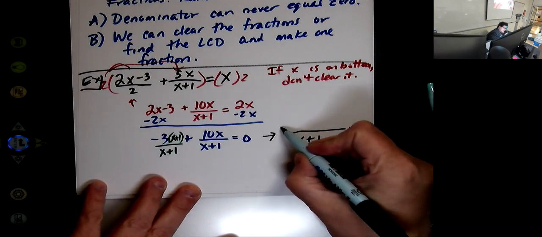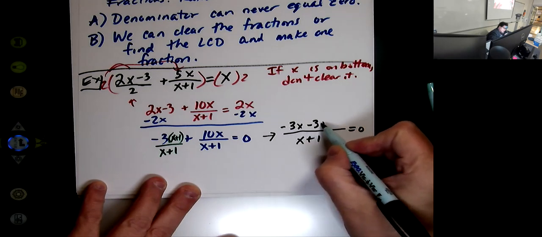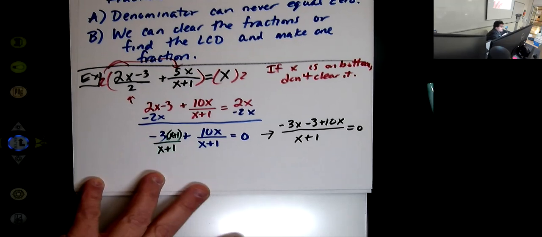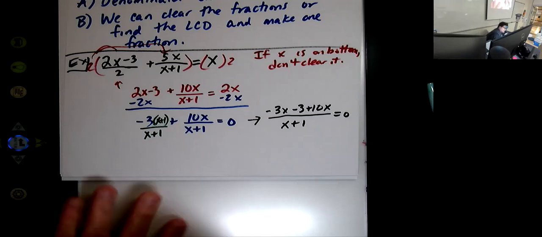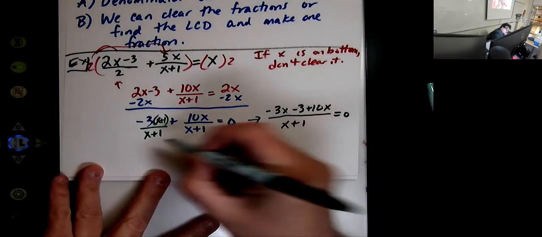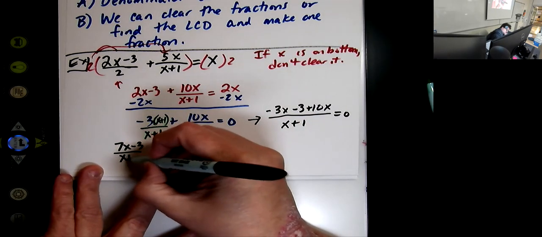If I distribute that -3, I get -3x minus 3 plus 10x. So if I clean that up, I get 7x minus 3 over x plus 1 equals 0.